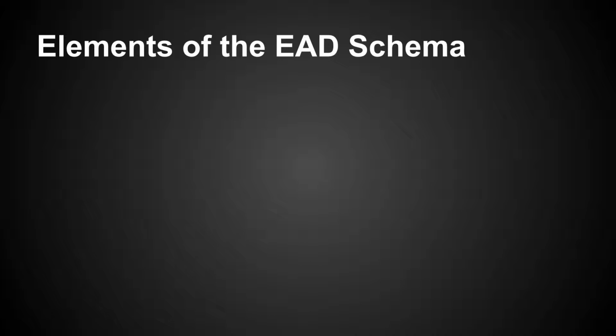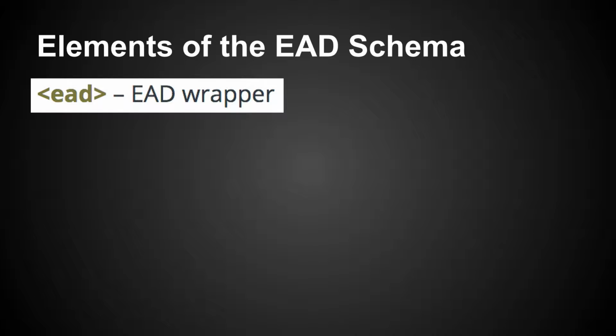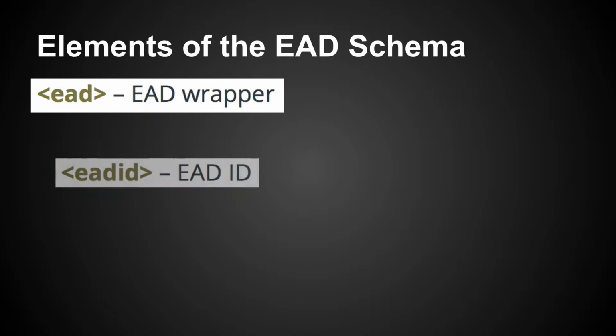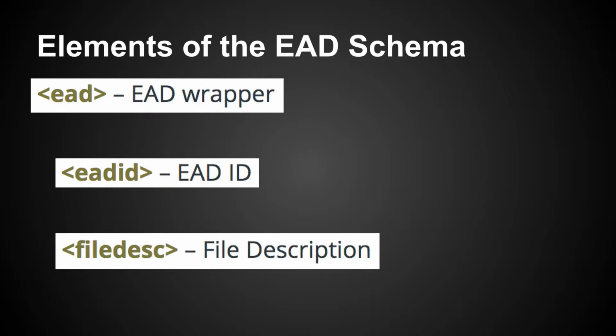So basically you start with a basic wrapper, which kind of holds all of it together, with all the elements together. Next, there is the EAD identifying number, which is assigned when creating the record. This is important when looking it up. On the same level of nesting is the file description, honing in on the descriptive nature of whatever we're trying to describe in the schema.